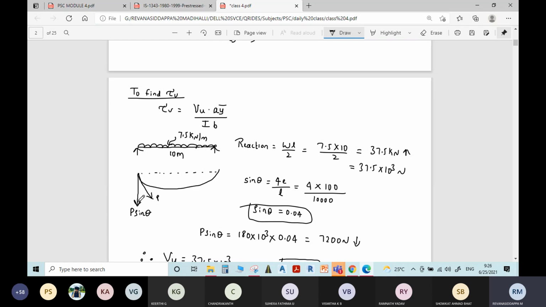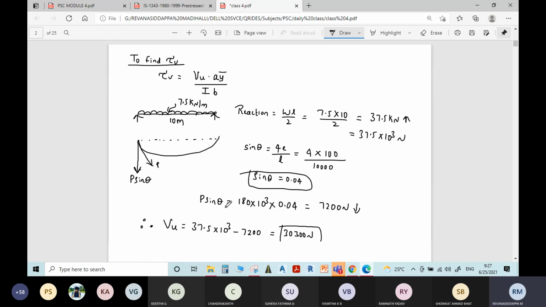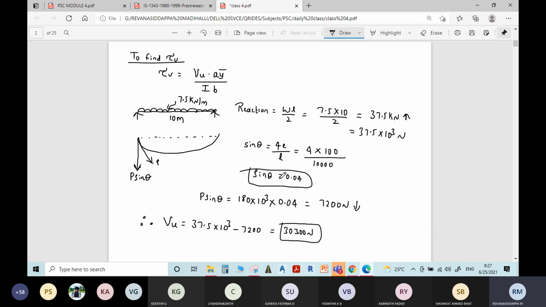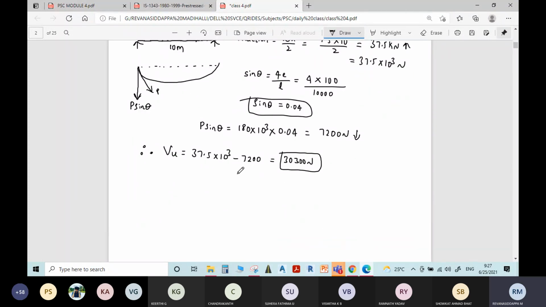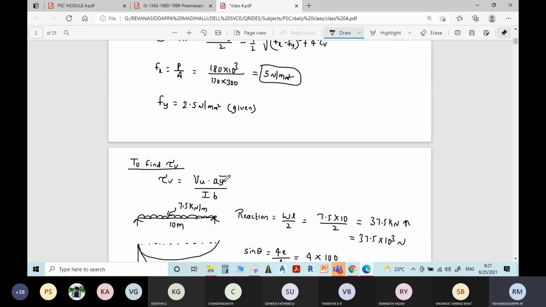The vertical component of the prestressing force will be P sin theta with negative sign. Sin theta for a parabolic cable is 4e by L. P sin theta is 7200. So reaction minus P sin theta will give the shear force at the support, that is 30,300 Newton. Now Vu we have calculated.